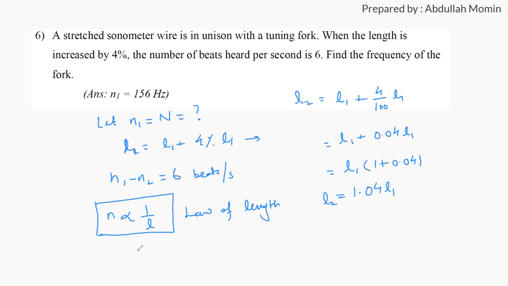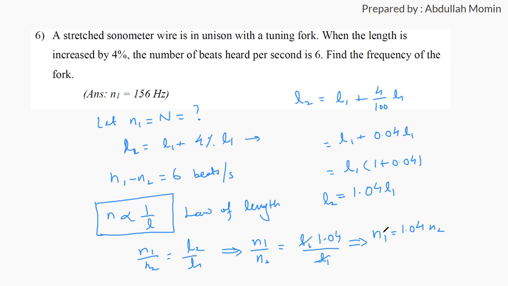So by using this law, we can write N1 upon N2 is equal to L2 upon L1. So N1 upon N2 is equal to 1.04 L1 upon L1. L1 and L1 get cancelled. So N1 is equal to 1.04 N2. So this is your N1. So we are going to put this equation here.